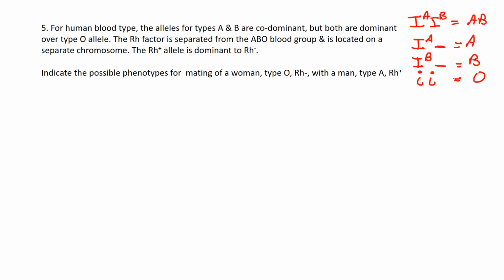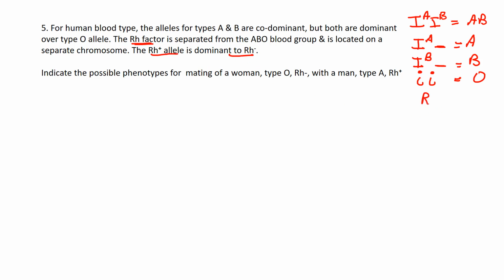Now this is still a dihybrid cross because now they're asking about another trait altogether. So we don't just have ABO blood typing, which is one trait, but we also have something that's called the Rh factor. Okay, and that's completely separate from the ABO blood type. That's what it says in the question there, located on a separate chromosome. And it's saying that the Rh positive allele is dominant to the Rh negative allele.